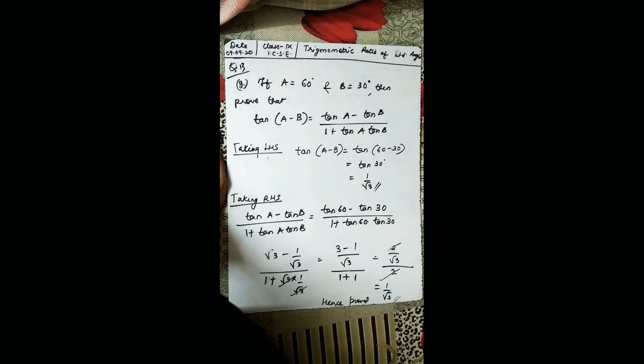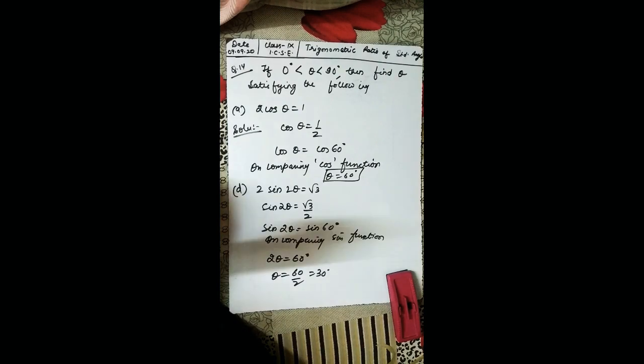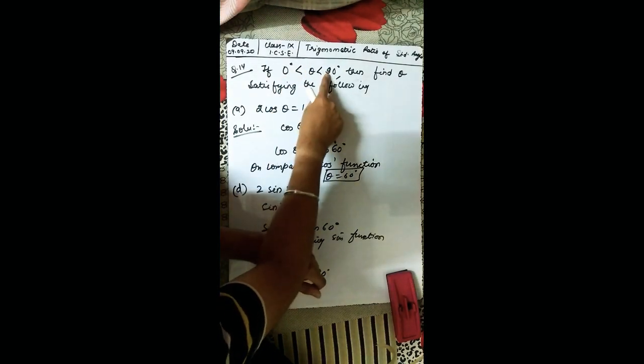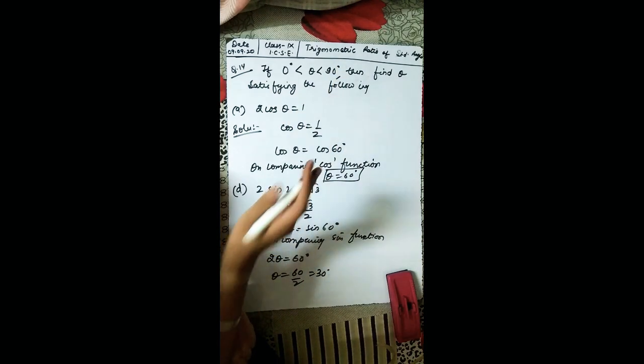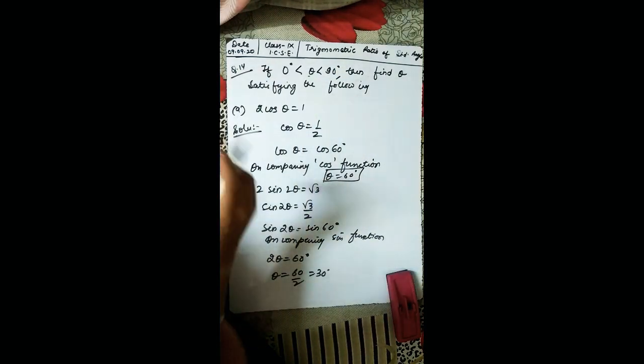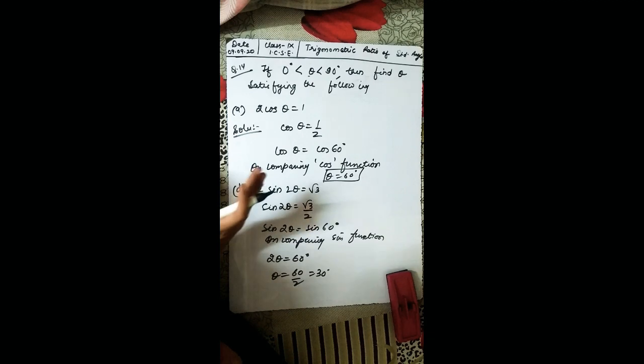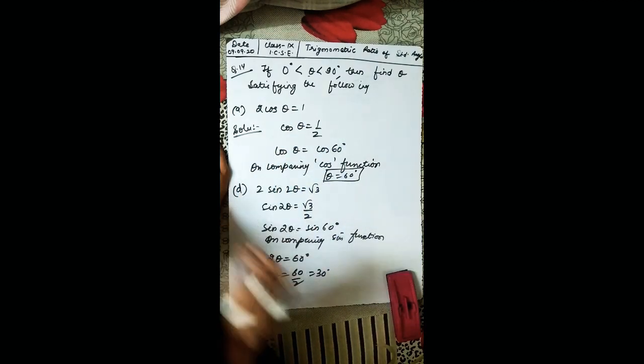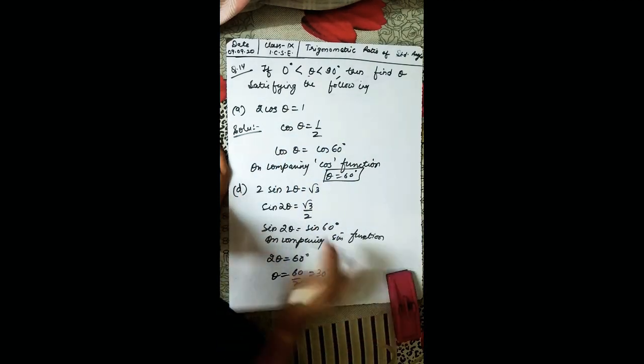Come to the 14th question. If theta is greater than 0 but less than 90, that means theta is an acute angle which lies between 0 and 90. Then find theta satisfying the following equations. They are very short, 2 or 3 line solutions.